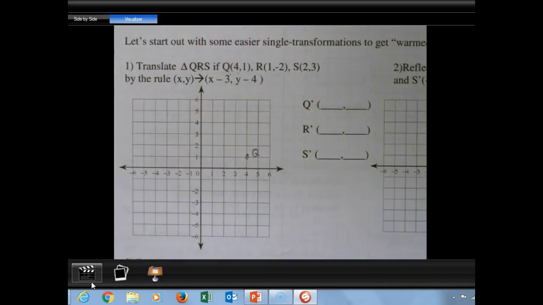And then take your straight edge to complete the points.